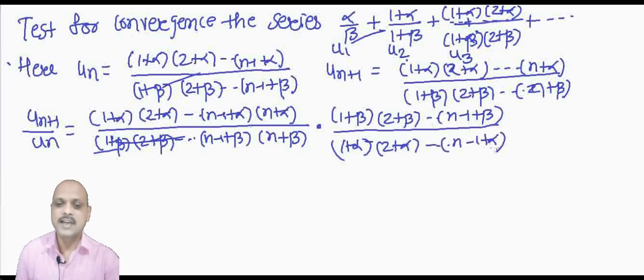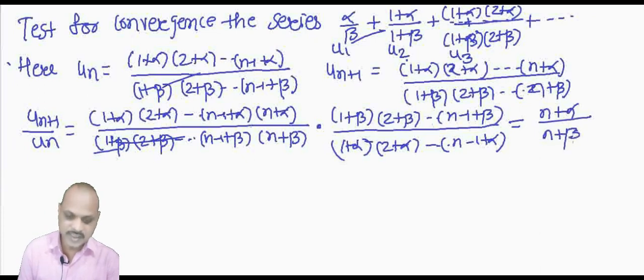You can see that all terms up to n minus 1 plus alpha will be cancelled, and we get here n plus alpha divided by n plus beta.